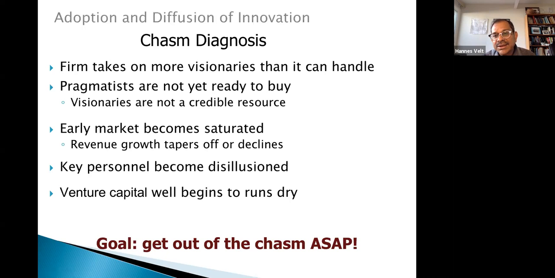So just to test your understanding, give me an example of a product or service that is currently in the chasm. No, nobody is able to give an example.